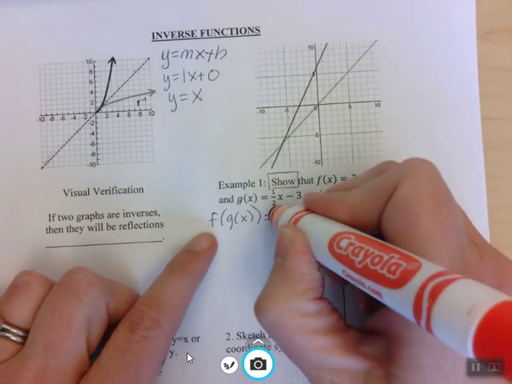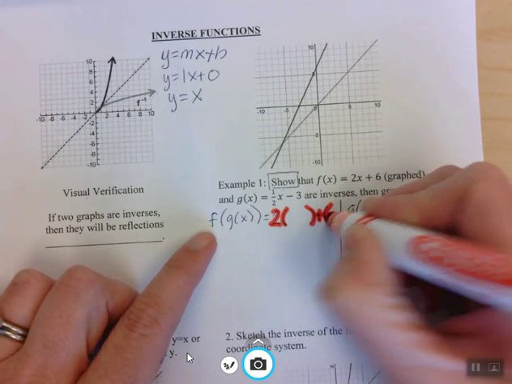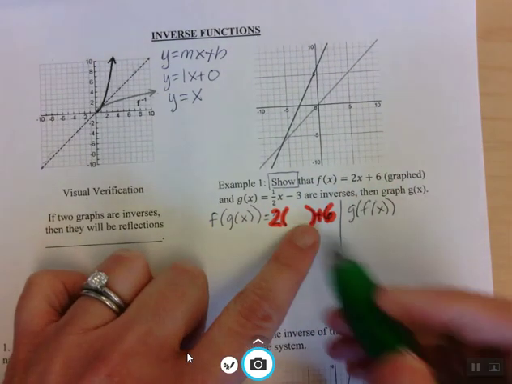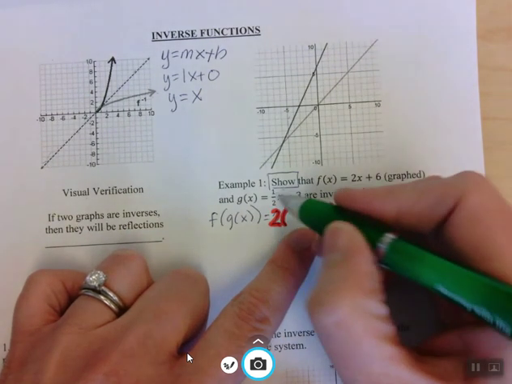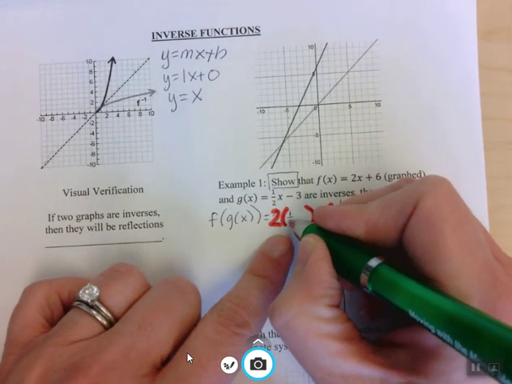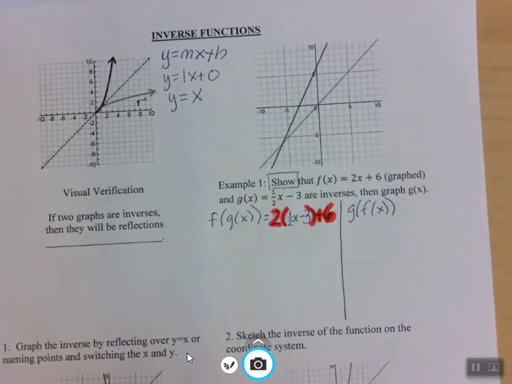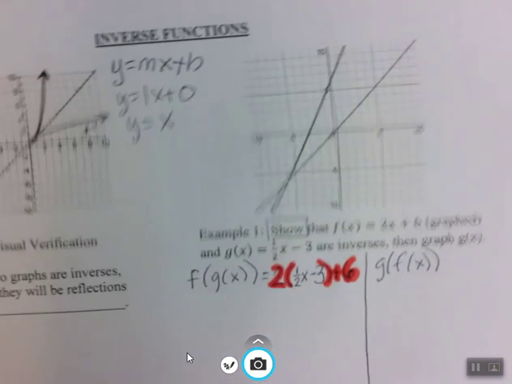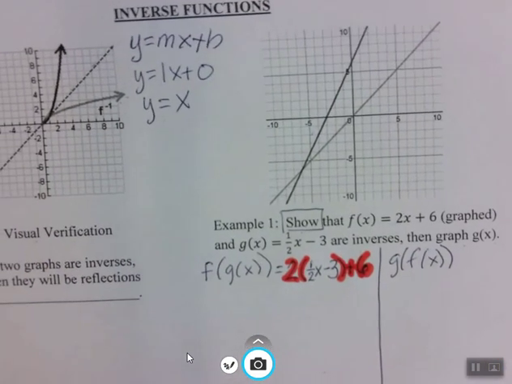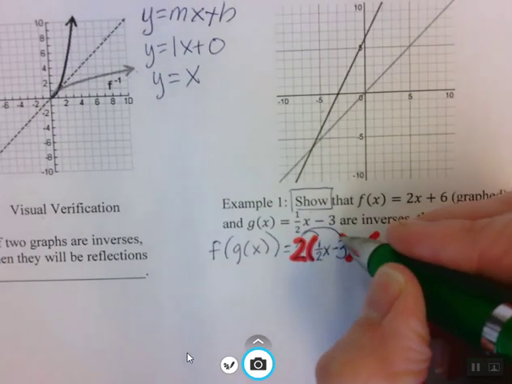Ready? So it was 2 times something plus 6. Now the thing that goes in the parentheses is function g. Function g is 1/2 x minus 3. Now what we're going to do is distribute the 2.